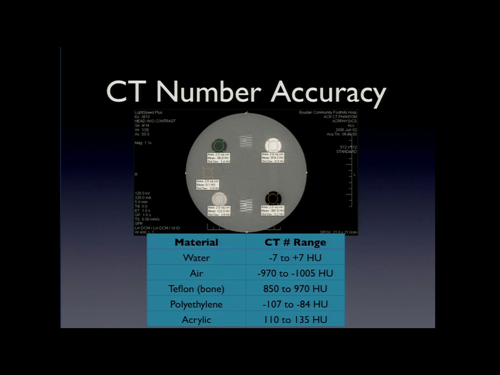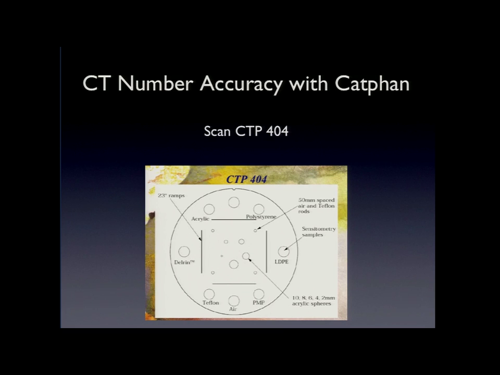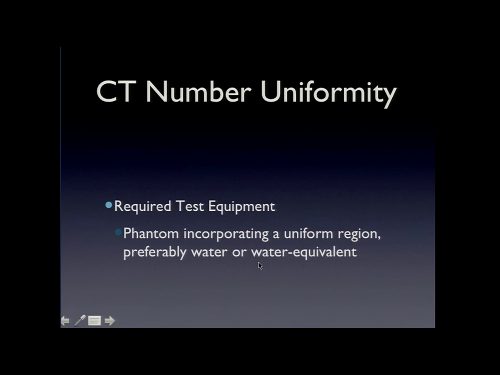Is there an algorithm problem that may be contributing to this? A lot of times you do CT of the head, they may use 140 kV. That's a change in energy. That's going to change your numbers, particularly with bone and Teflon on there. So, and here's an example. The Catphan also has a similar module in there, module 404, that you can achieve the same things.